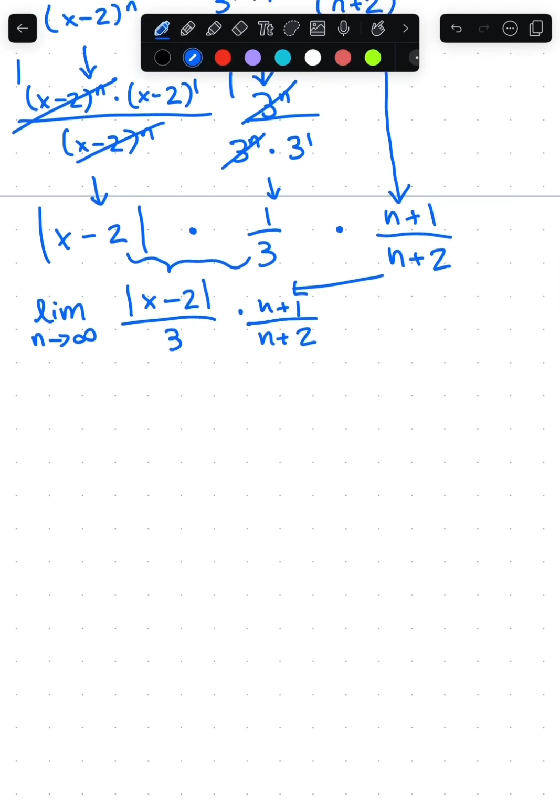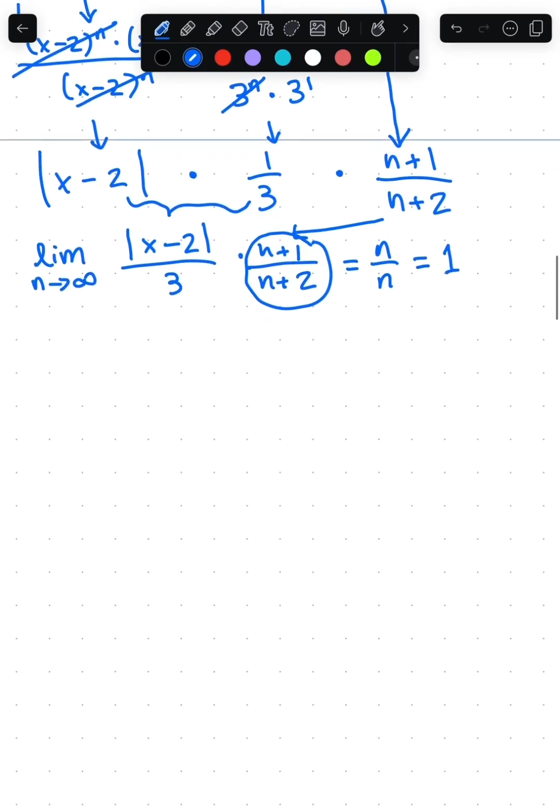And now first we're going to find the limit for this term first, and we are going to take the dominating coefficients, which is just the n's, and that simplifies to just 1. So now we just have to find the limit of absolute value of x minus 2 over 3.